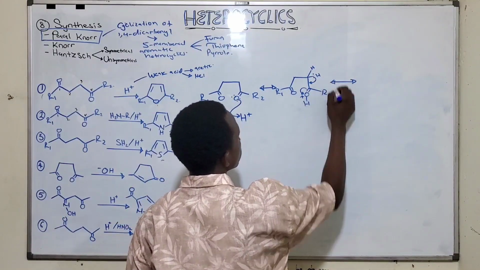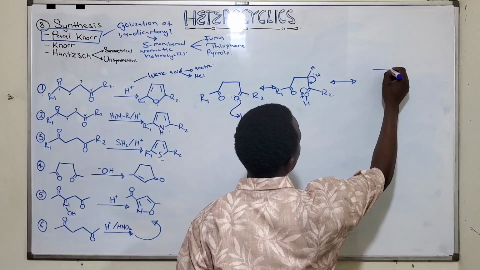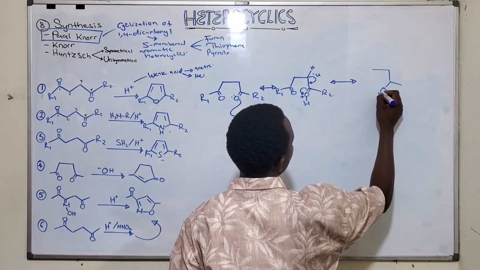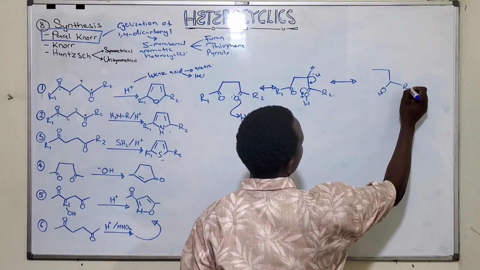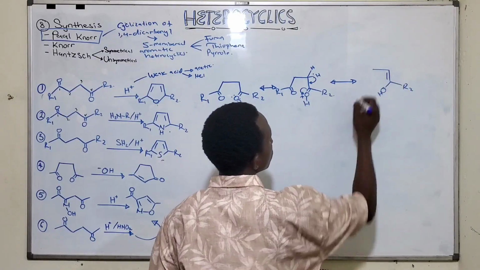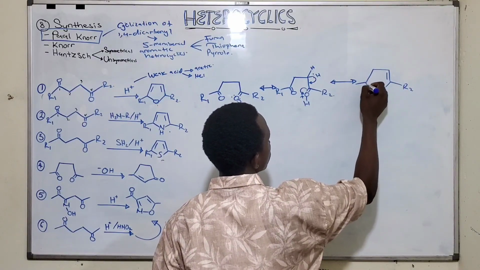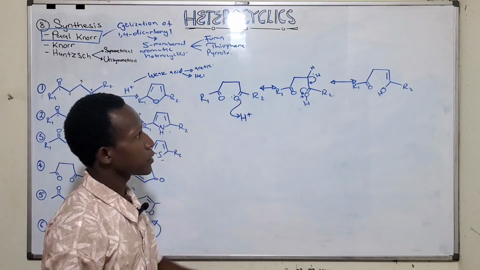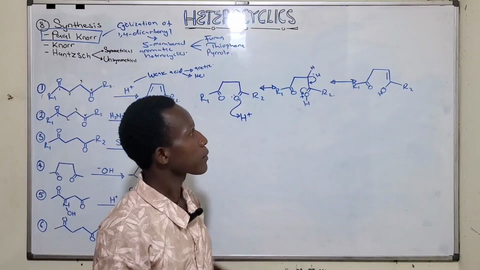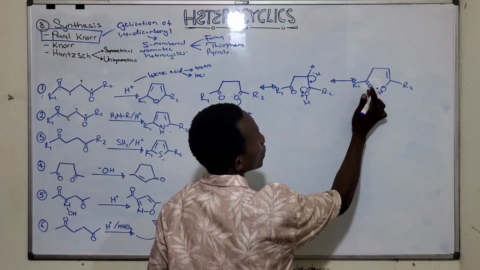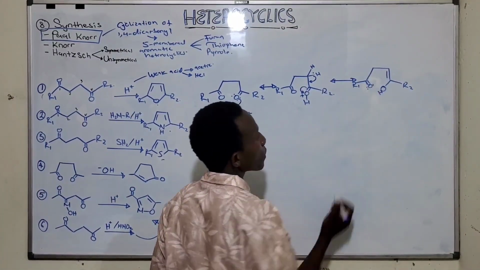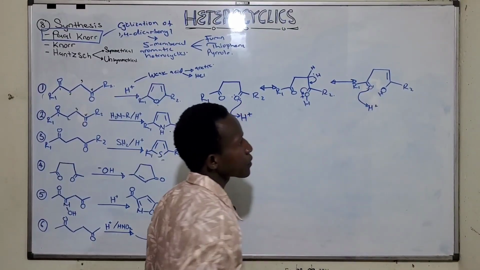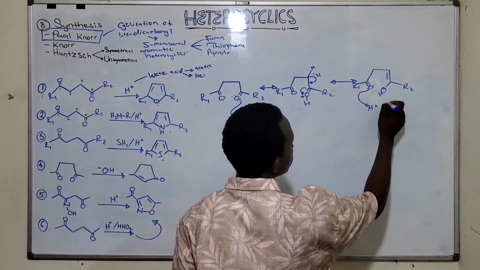And these reactions are reversible. So we shall have this with oxygen. It's now an OH group, R2. Then we have formed a bond here. And we're having this with R1. This is what we are having. Now, this one is also having lone pairs of electrons to attack the acid. As it attacks the acid, we shall form this.